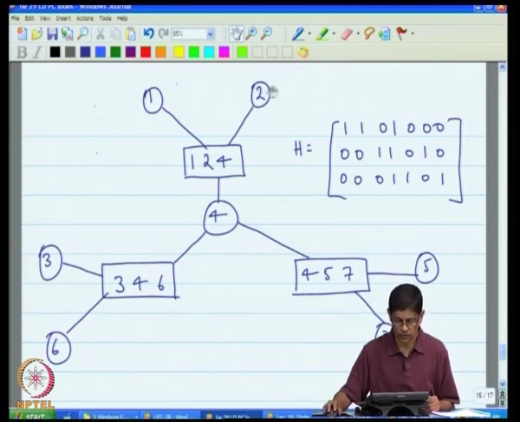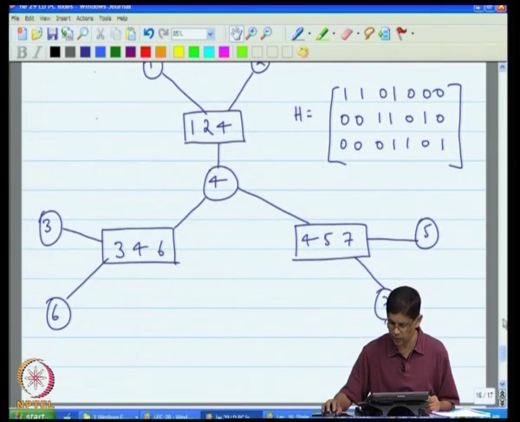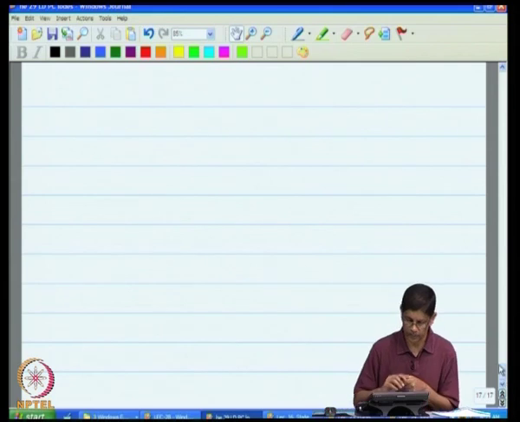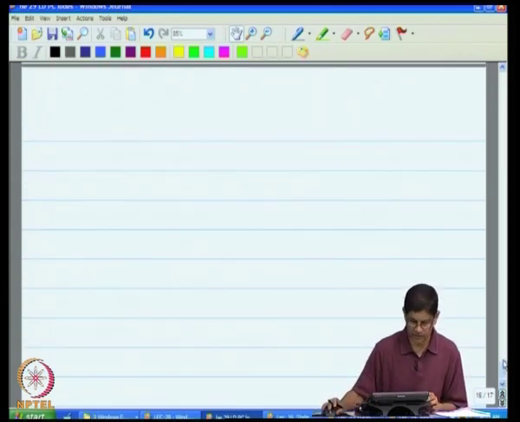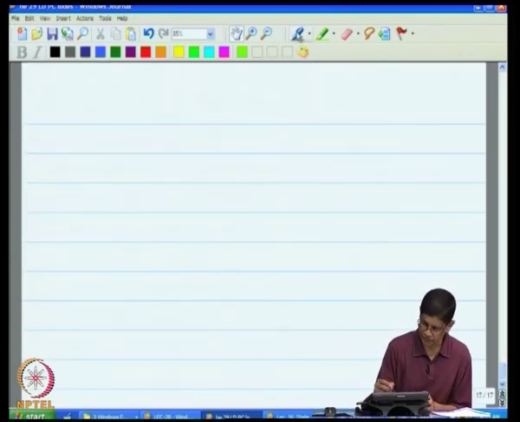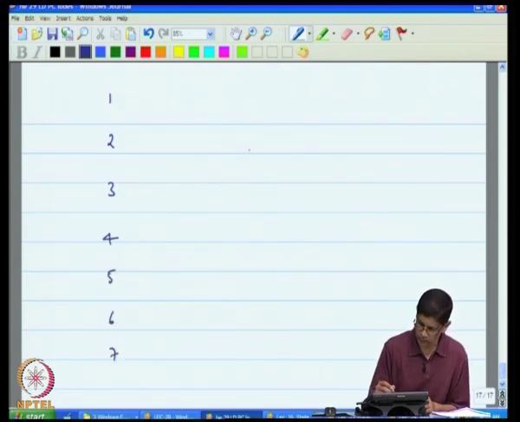There are 7 code symbols, and each of them is associated to a node in the graph. I can redraw this graph in the fashion of a Tanner graph, putting down the variable nodes on the left and the check nodes on the right.